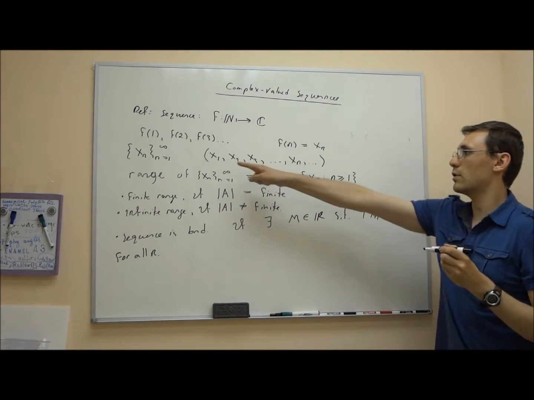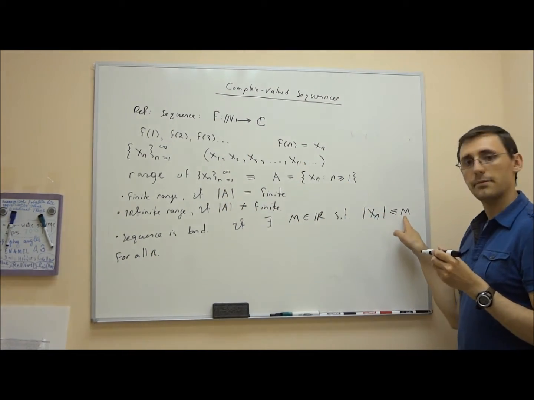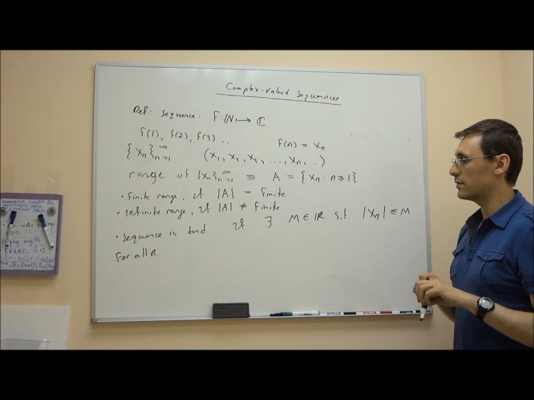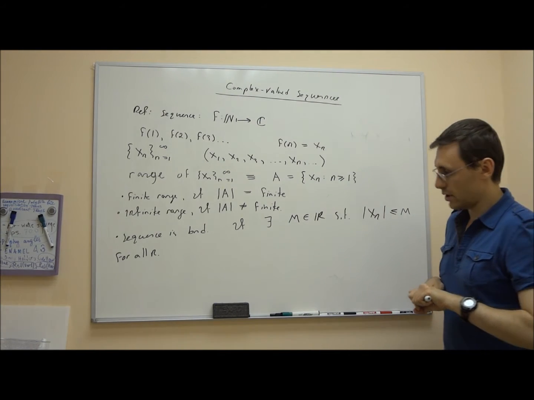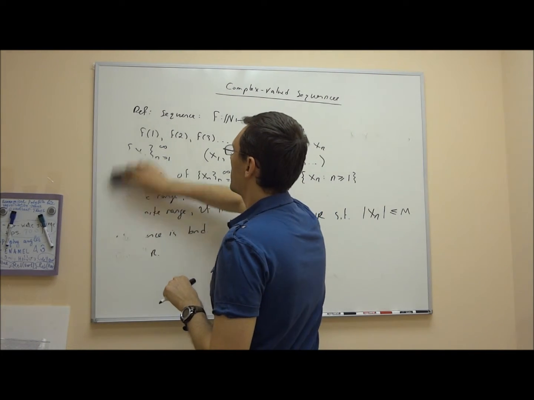So the absolute value of each of those numbers is smaller than some fixed positive or non-negative number. So let's look at a few examples to make this definition clear.